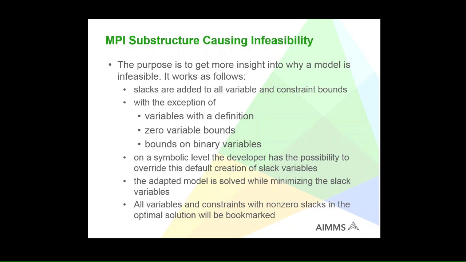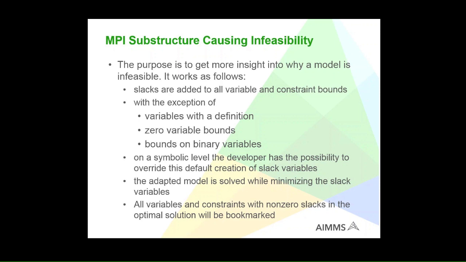Zero variable bounds in general are hard because they are very physical, and the bounds on binary variables normally don't make sense to be non-binary, so they will still be hard constraints. You can change that; it's a default. You can say, okay, I don't want to slack on this constraint or this variable.